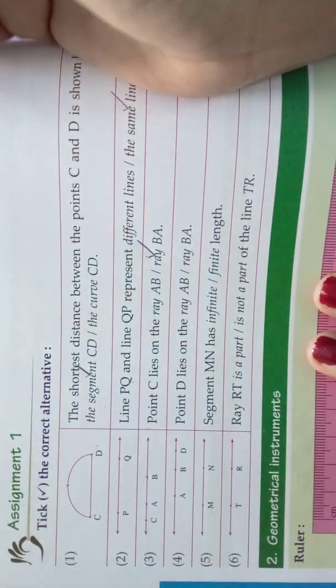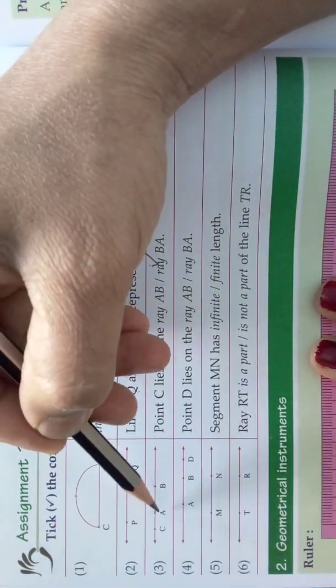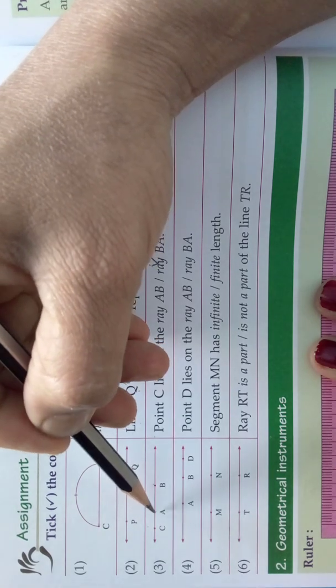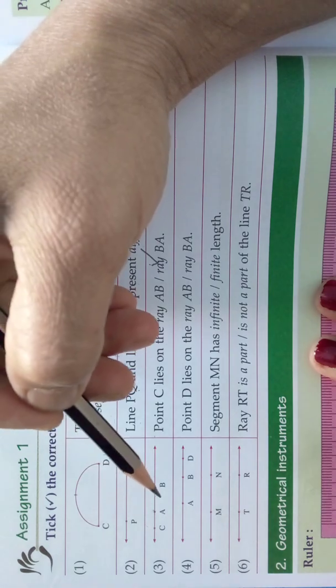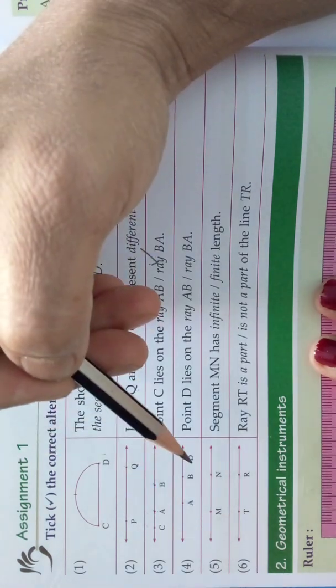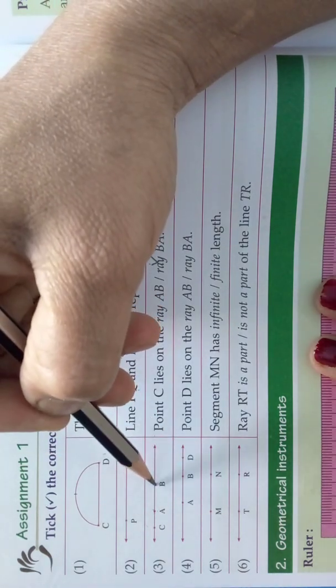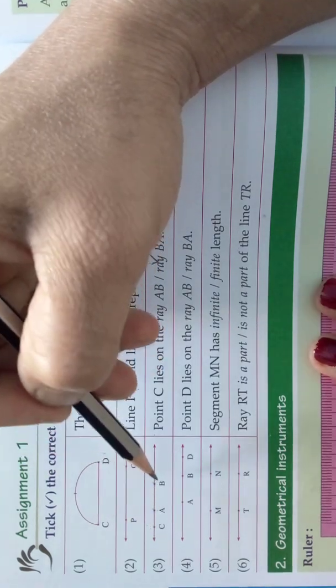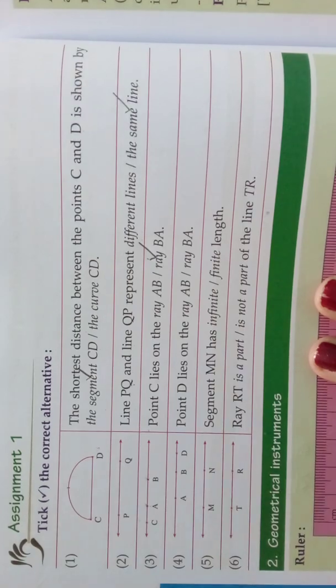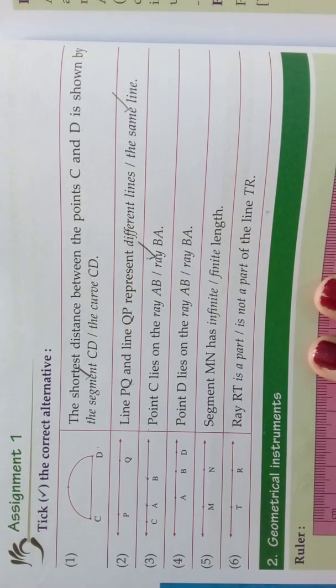Understood, children? Ray AB will start from here, and this part won't be there. Ray BA starts from here, and C will be there on ray BA. Come, we'll see the fourth sum.